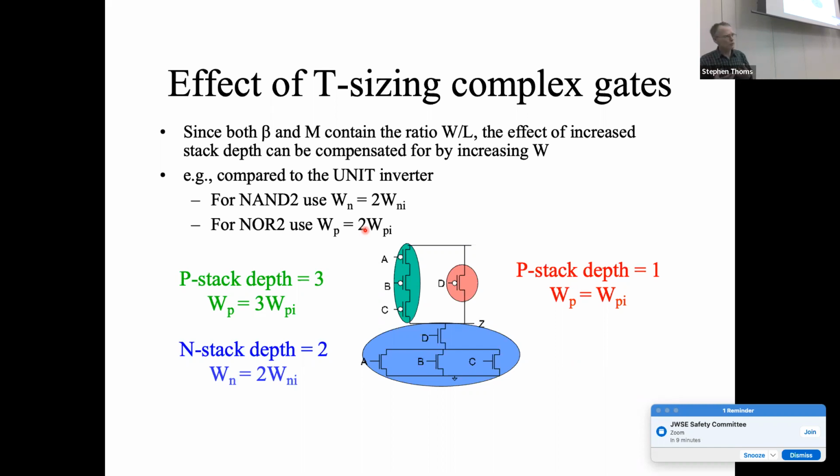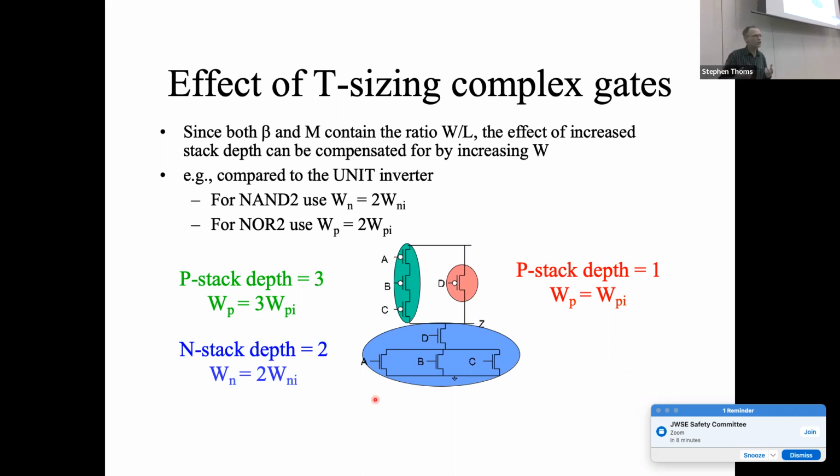But what if you've got a more complicated circuit? Okay, so you've got a more complicated circuit like this one here. You've got a P stack depth 3 in the green section, but in the red section, it was only 1, whereas you got an N stack depth of 2 everywhere in the blue.